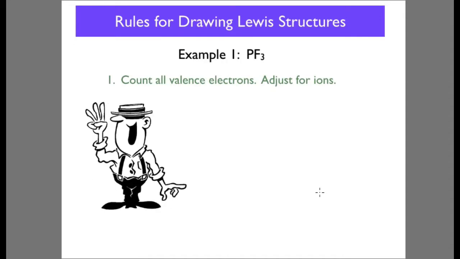So example 1, phosphorus trifluoride. Step 1, count all valence electrons and adjust for ions. The number of valence electrons in phosphorus is 5.